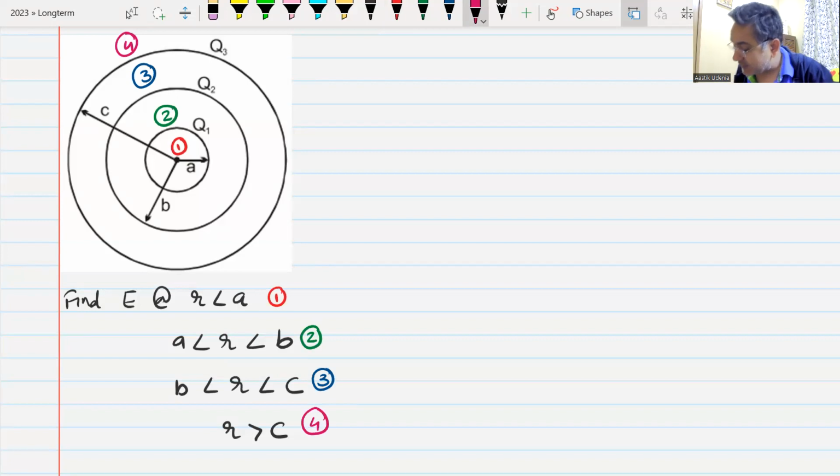You have to find the electric field at all the points. The distance of that point from the center of the shell can be taken as r. So all your answers would come in terms of r, a, b, c, and so on. Do we understand this?